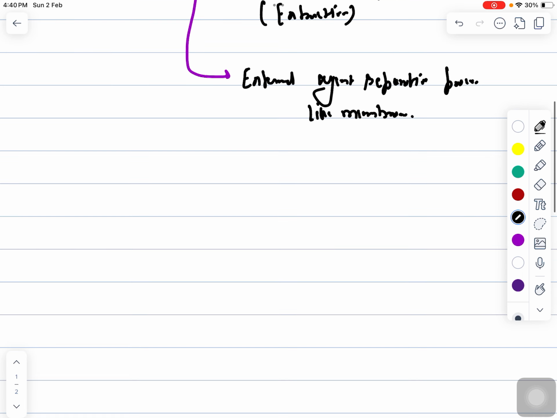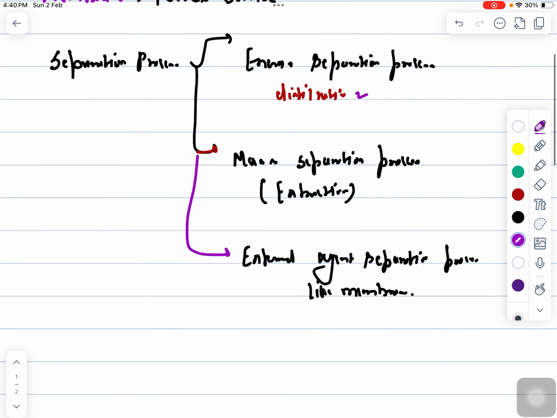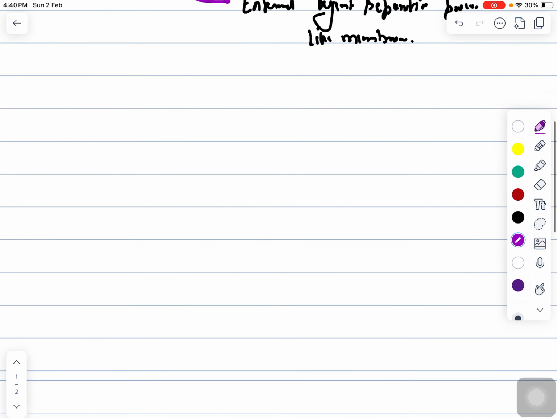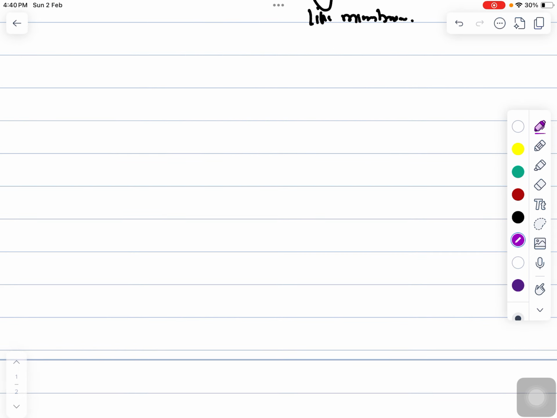So all of these things, obviously distillation and extraction we have studied, but here I am going to talk about only membrane separation. So let's start with the membrane separation here.